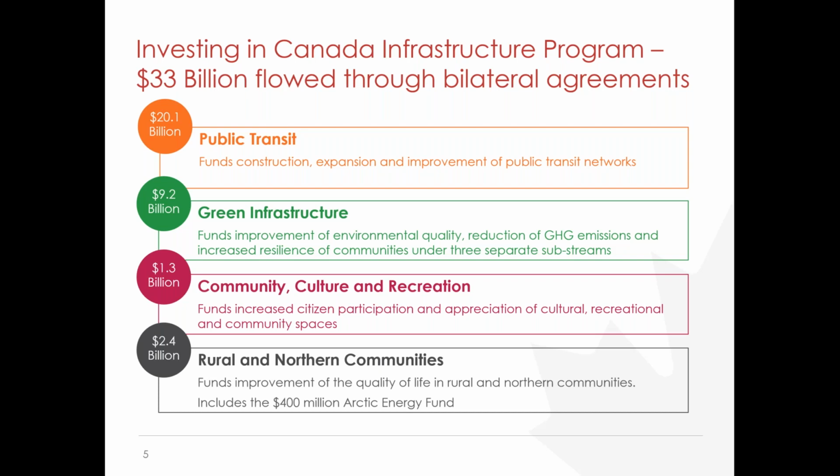Under ICIP, for short, infrastructure projects are cost-shared between the federal government and its partners, provinces and territories, and municipalities. The streams of funding for each agreement with a province or territory are similar to the ones under the broader plan outlined in the previous slide.